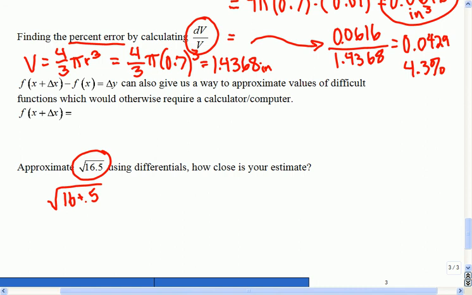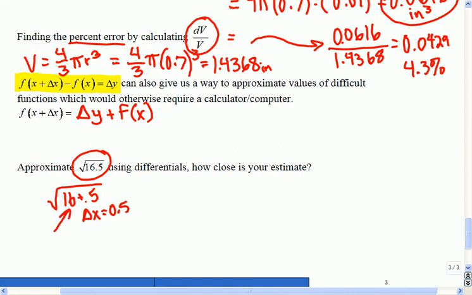So here's what we've already talked about. We've said that that's delta y. So if I was to rearrange this, delta y plus f of x, that's what I would have here. And I would like to use delta x equal to 0.5 because I know how to do the square root of 16.